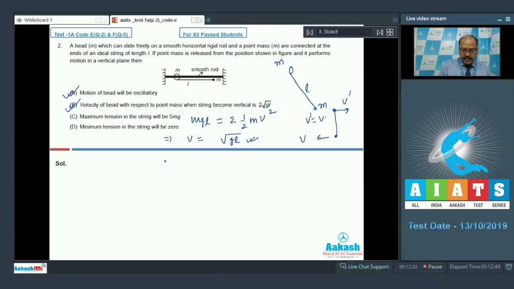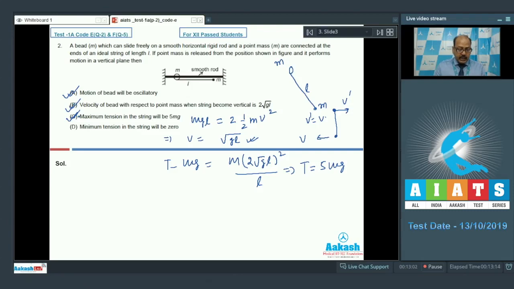We get tension minus mg is equal to m into v relative, that means 2 root gl square upon r. R here is L. Solving this, we find that T when the string becomes vertical is 5 mg, and that's the maximum tension, which means option C is correct.